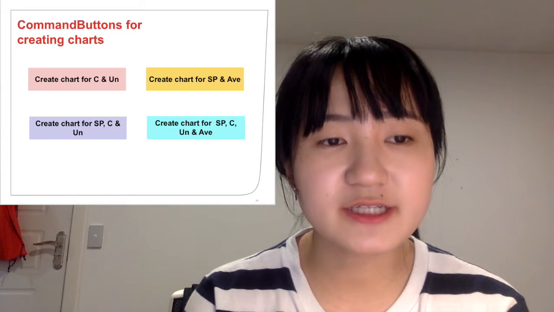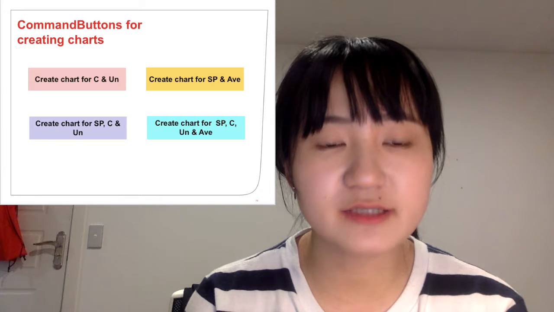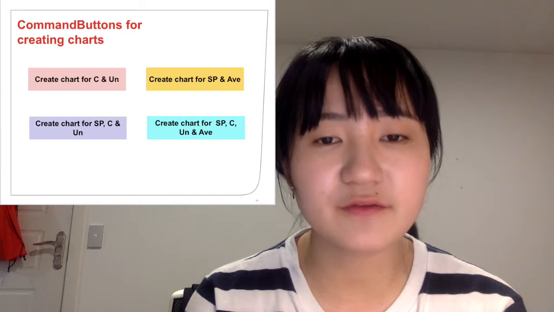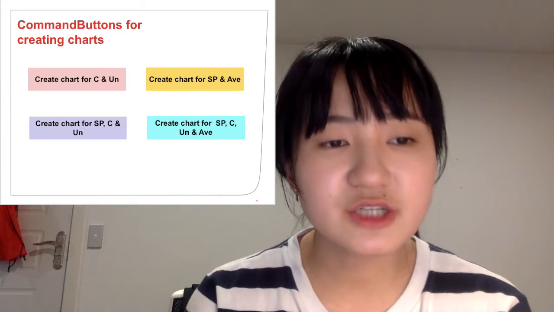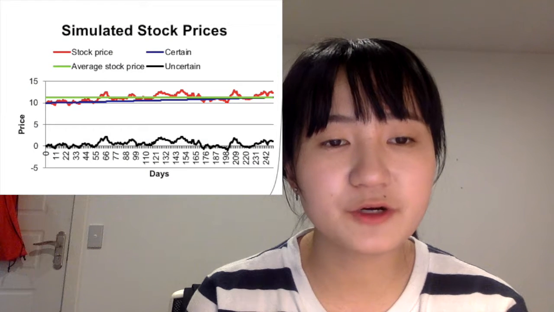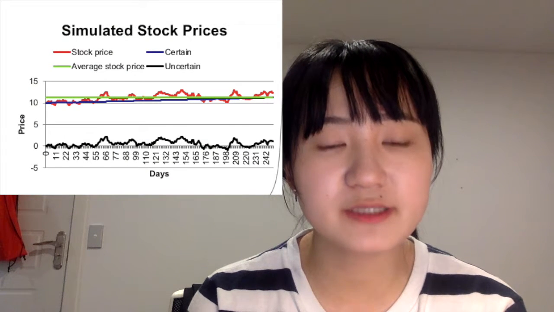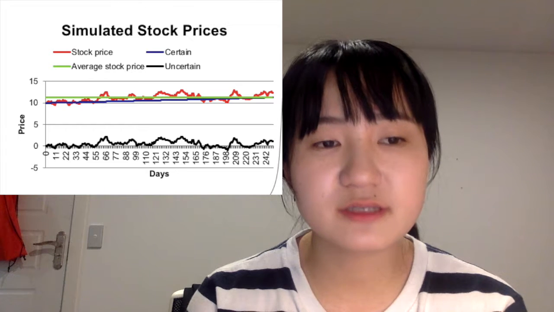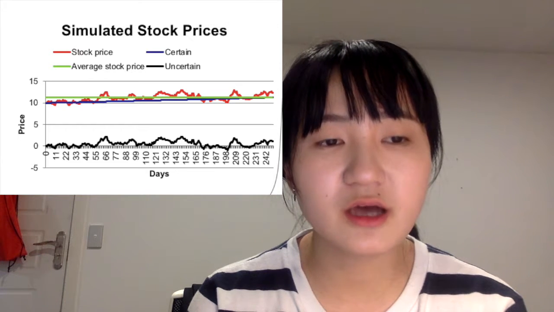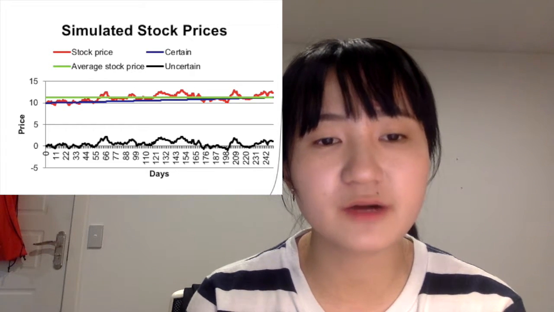The fourth chart is a chart of stock price, certain, uncertain, and average stock price. This chart can show the overall performance of the stock price by observing the situation of certain, uncertain, and average stock price.